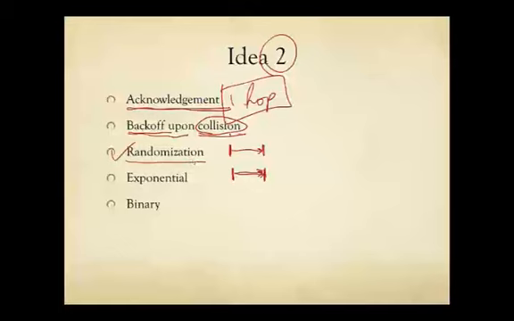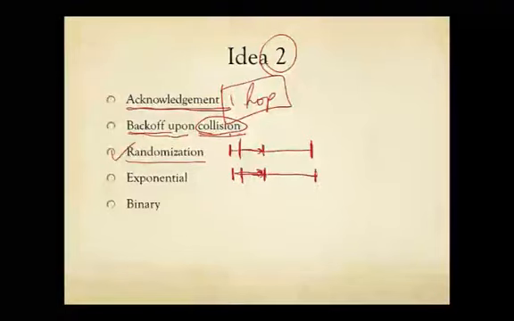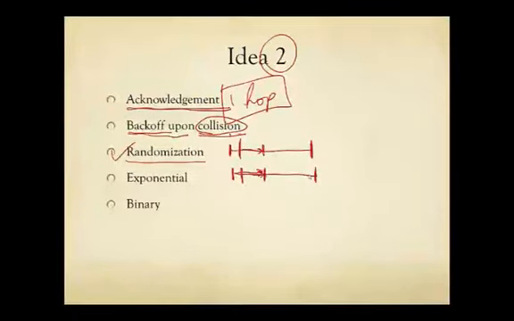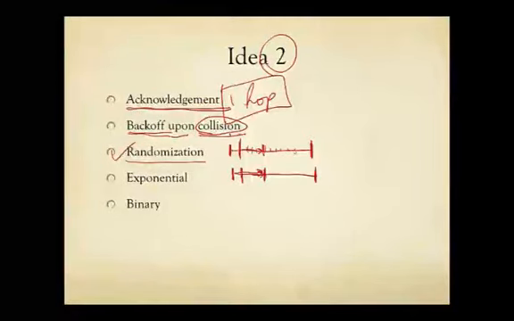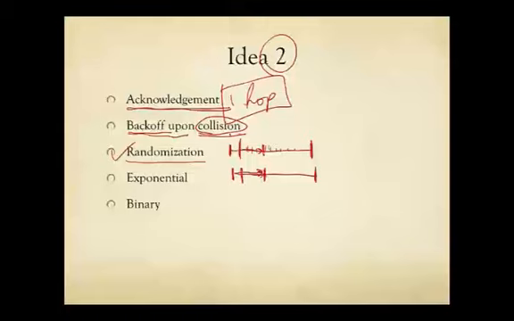In this case, you say, I will back off from the next time slot to 10 time units later. But I will randomly, uniformly pick which slot I am actually going to back off to.